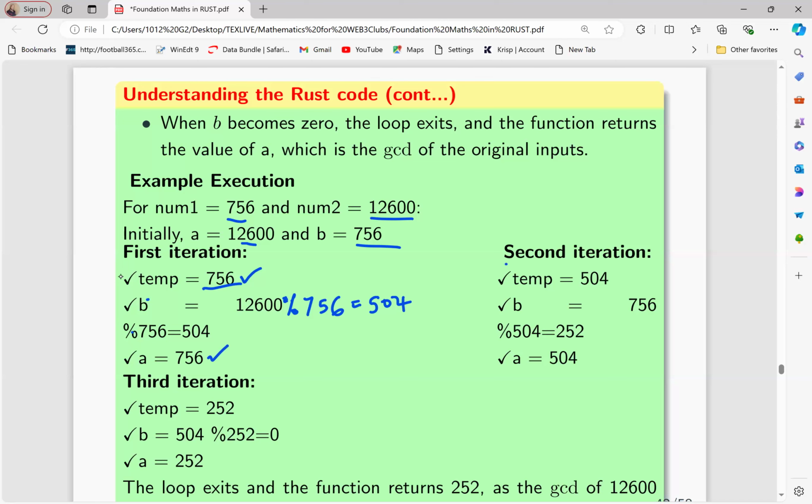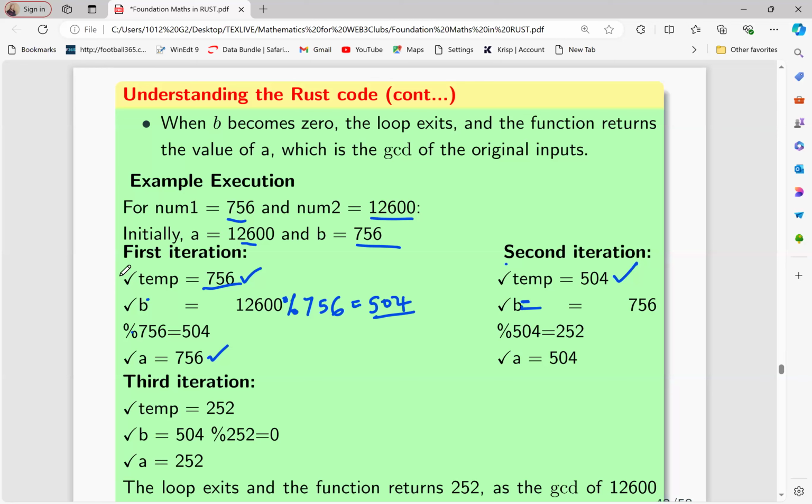In the second step, now we know what B is. It's made temporary. And now what does our B become? Our B becomes the remainder when you divide A by B. But what is A?